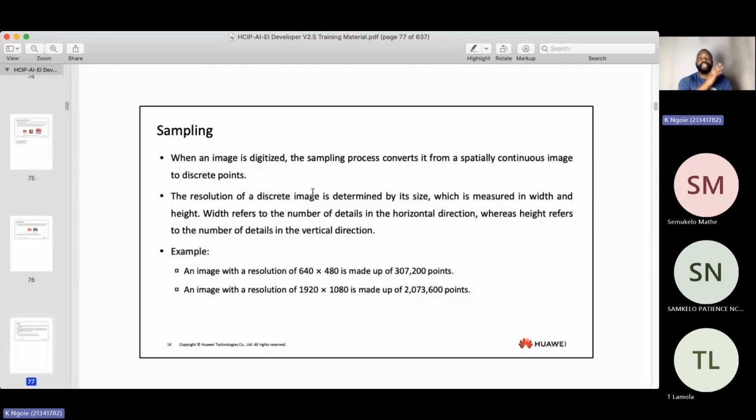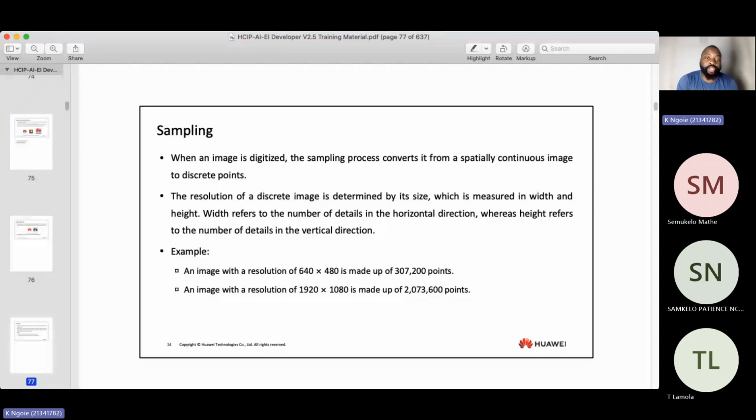In that grid, each small portion of the picture will have a detail about that pixel. The density of the sampling itself will determine the resolution of the picture. That's why they will tell you this image is high resolution or low resolution.